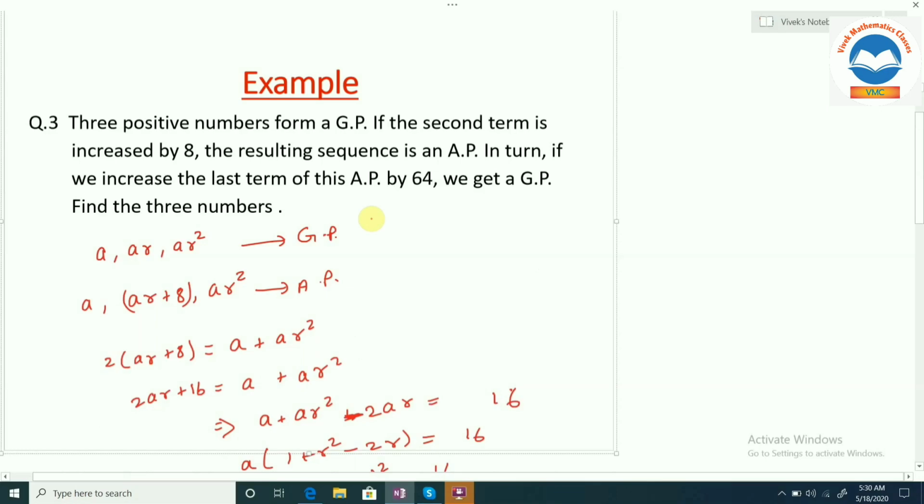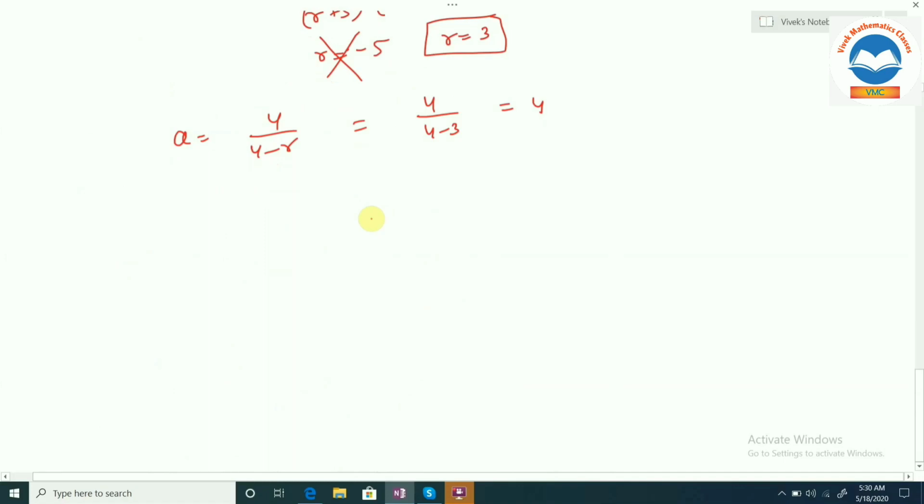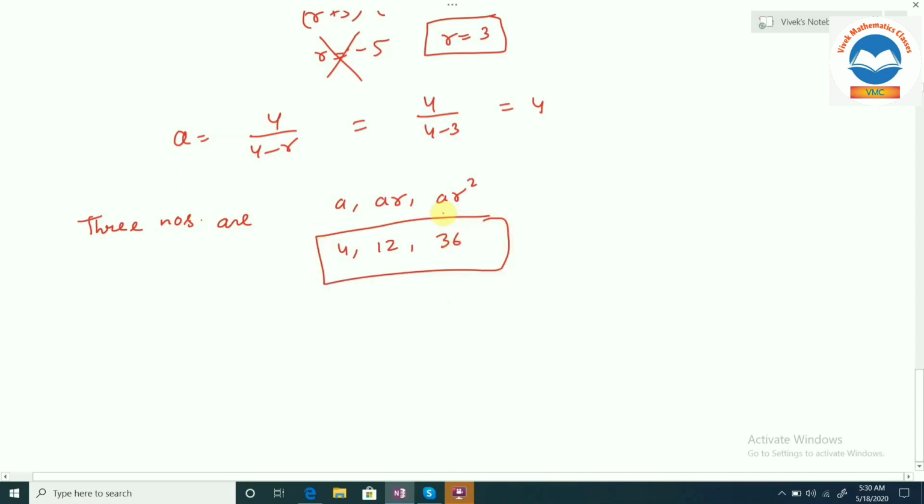Initially A, AR and AR square. So substitute here: A value is 4, 4 into 3 will be 12, and 12 into 3 will be 36. These are the three numbers. We'll move to next.